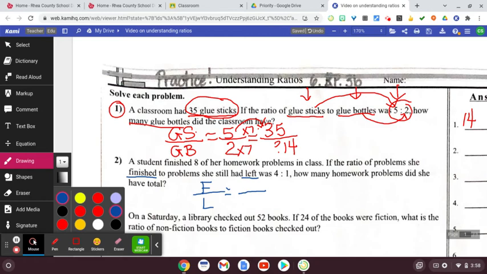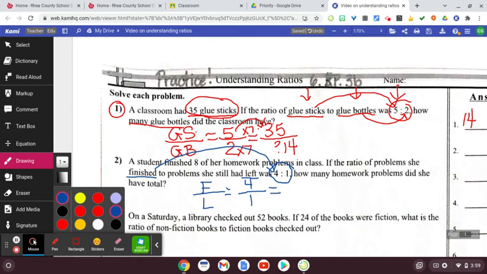Otherwise, you're going to forget and it's just going to go south real quick. Then it also tells us a ratio, 4 to 1. If finished came first, we know that is associated to the number 4. She had 1 left, so we've already got that filled out.